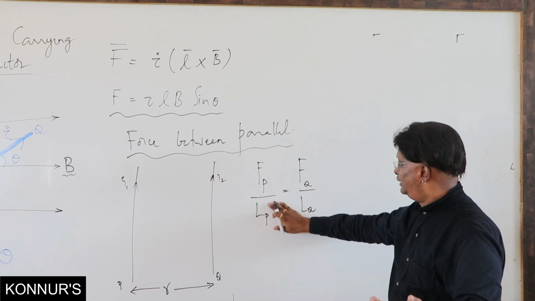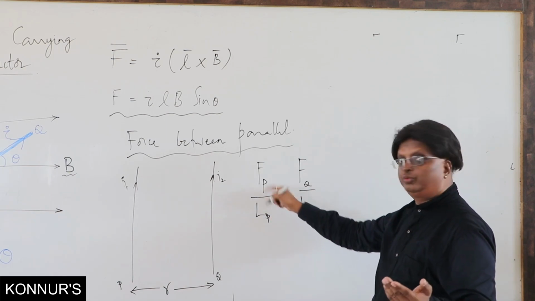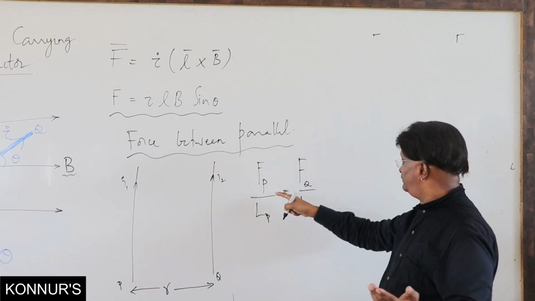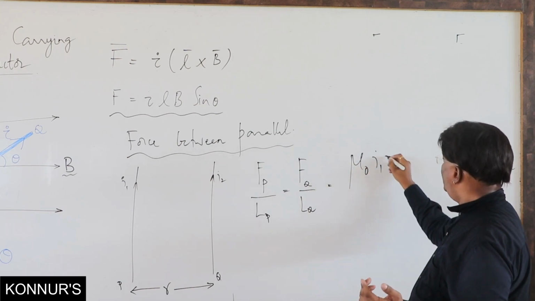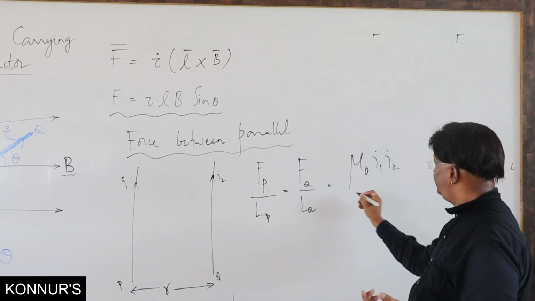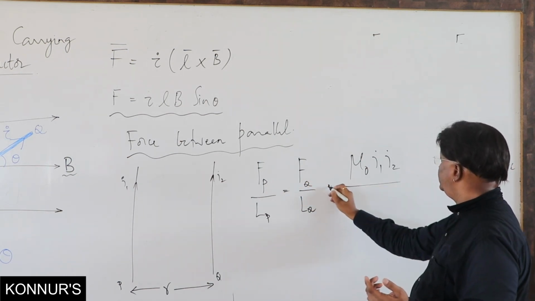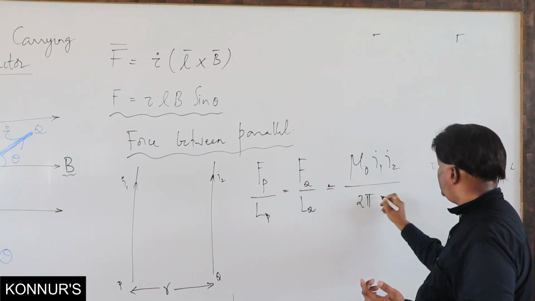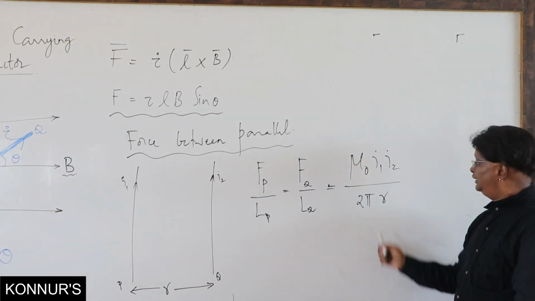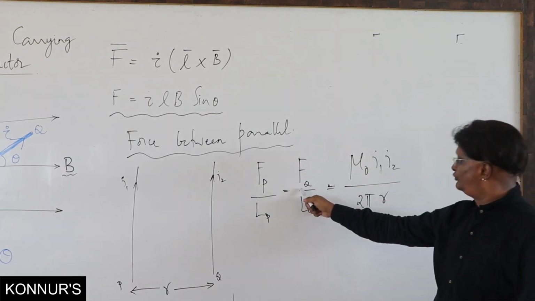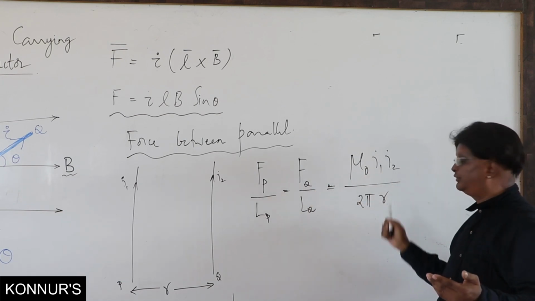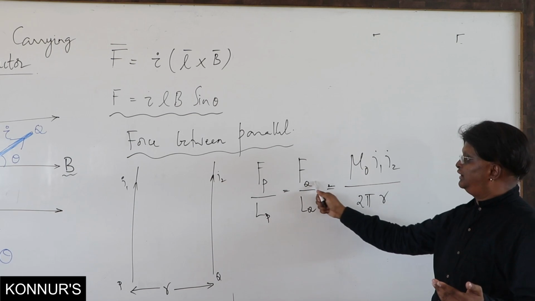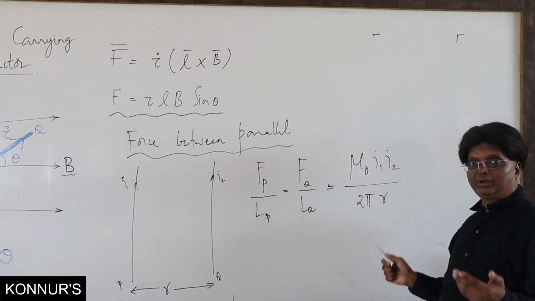That is what is the idea here. So we are now writing force per unit length, which is same for both, and which will be the famous expression mu naught I1 I2, the currents carried by them, on the denominator is 2 pi r. Again force depending upon the currents, directly proportional, and it depends upon the distance. Inverse relation you will observe, right?